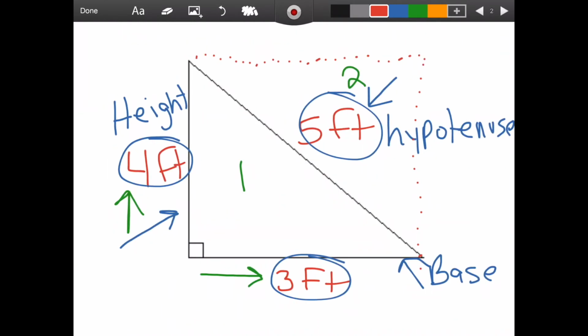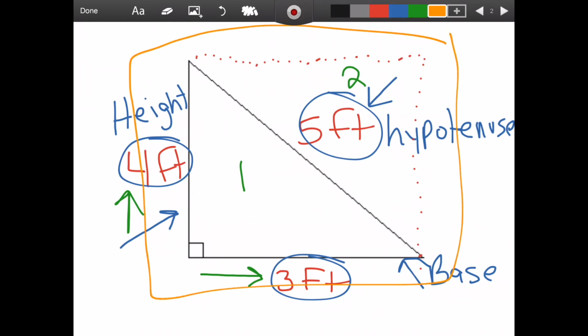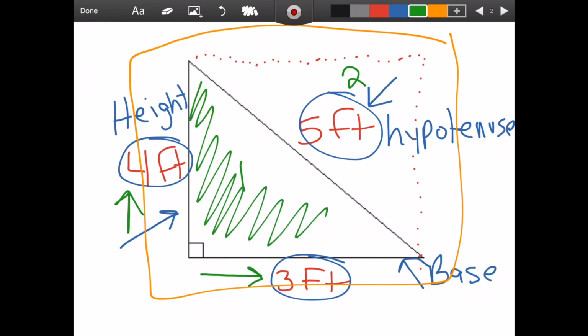Now, when we did 4 times 3, we actually didn't find the area of this right triangle, but instead we found the area of this entire rectangle, both of those right triangles together. You may remember that we don't want the area of that whole rectangle.